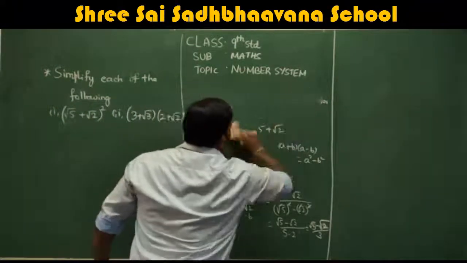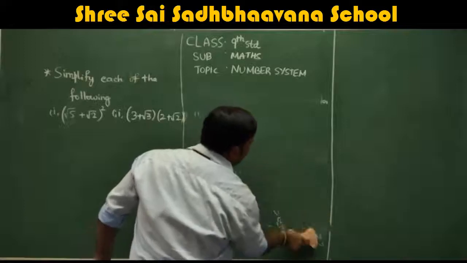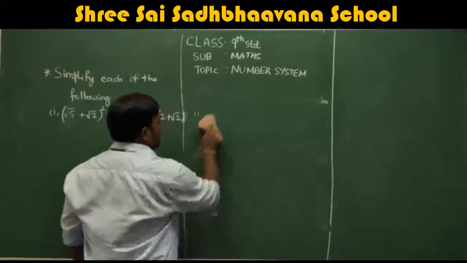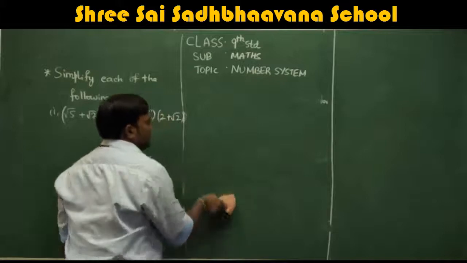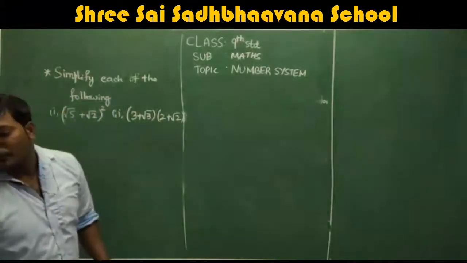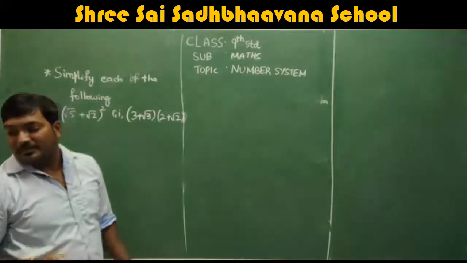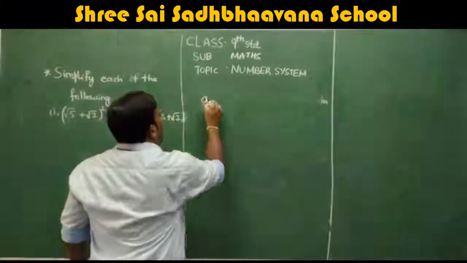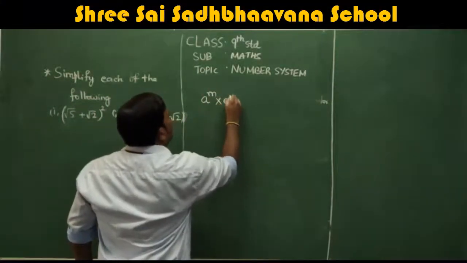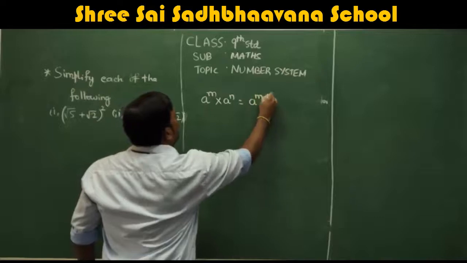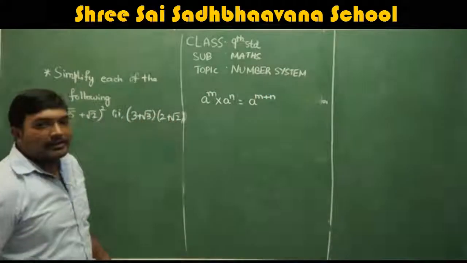Now we are going to discuss some properties of exponents which we already discussed in the last class. Like last year, we discussed some formulae related to exponents. So some of them we are going to discuss now. a power m into a power n is a power m plus n. Correct?